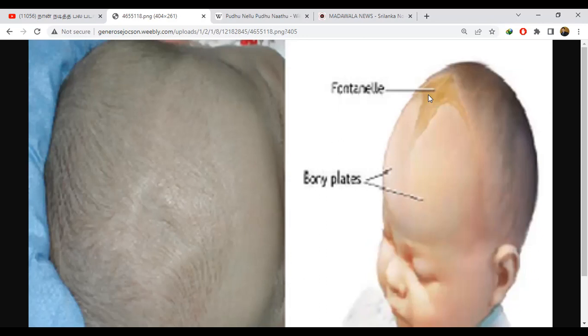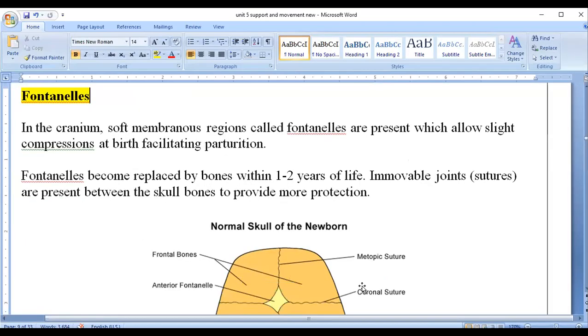After 2 years' time, gradually the fontanelle portion will become harder, and finally, in you and me, can we expect a fontanelle? No. So, what is the benefit of the fontanelle? Actually, the fontanelle is helping the mother in the childbirth process, the parturition process.